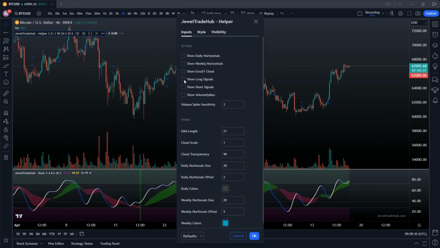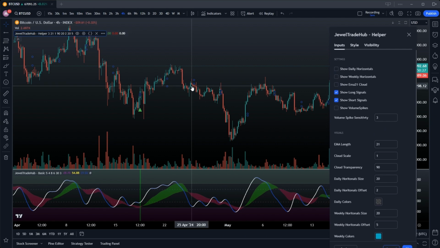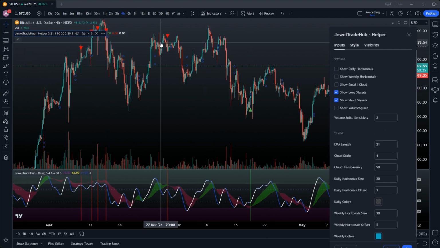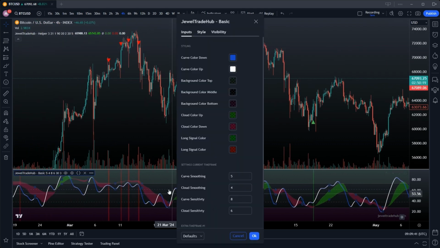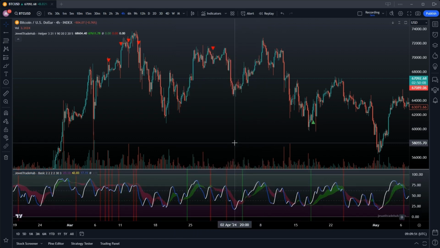Now, long and short signals, very simple. They are exactly the same thing as those. One small note on the signals: if you change the sensitivity and the smoothing of the basic, let's try that. You see what I'm talking about.